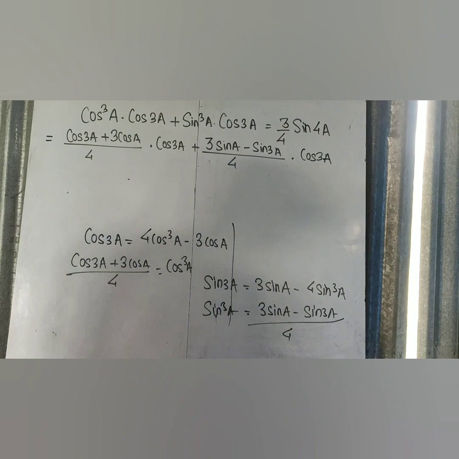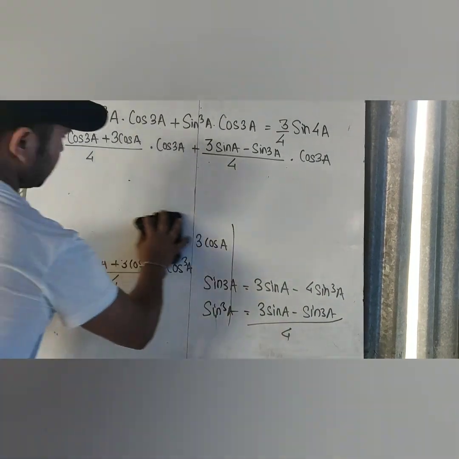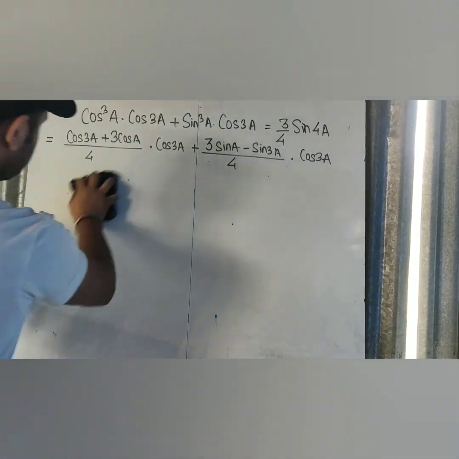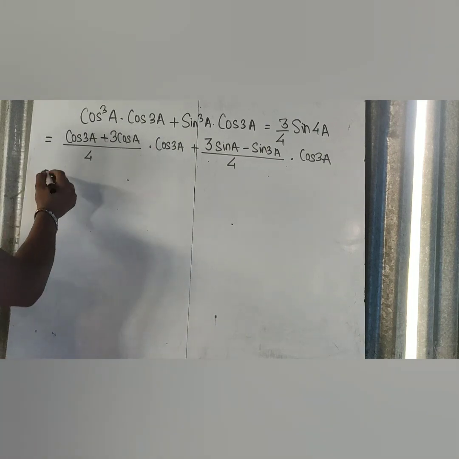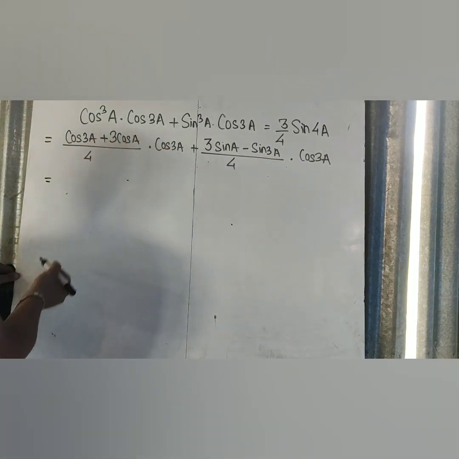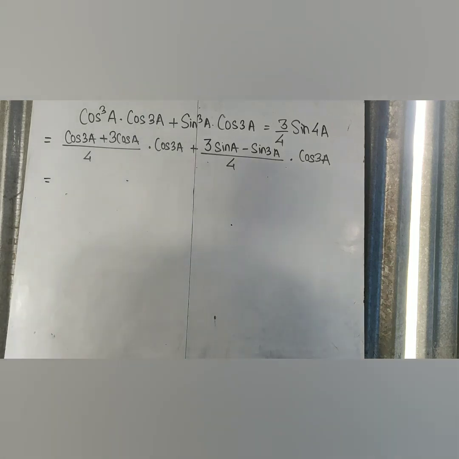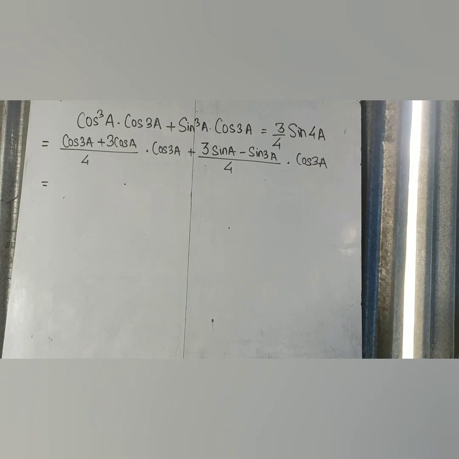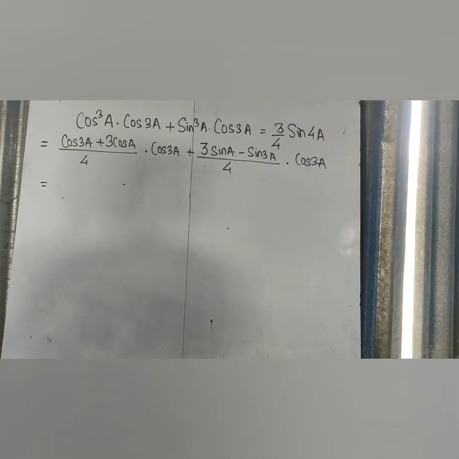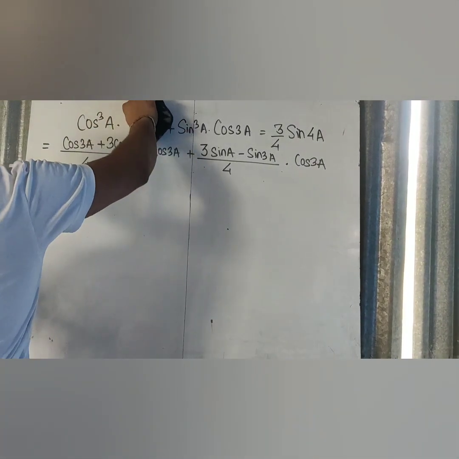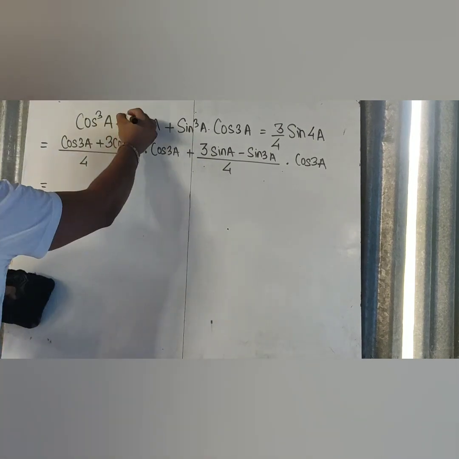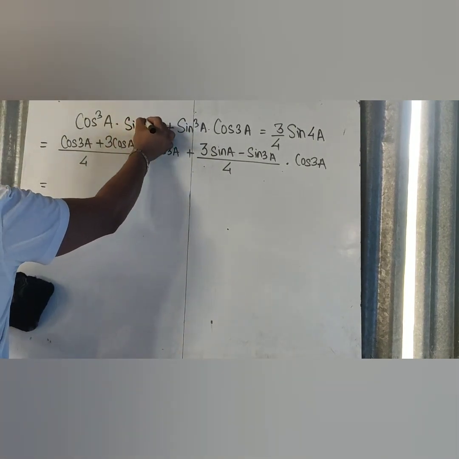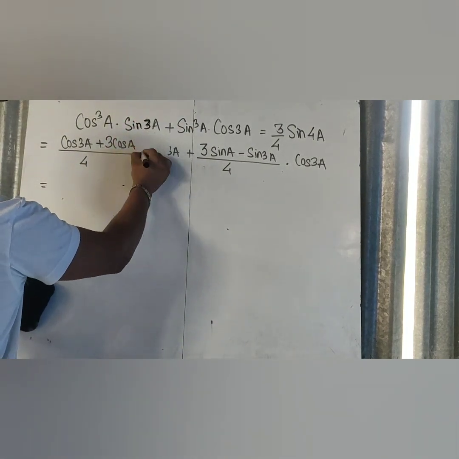Now we multiply the numerator with the numerator and denominator with the denominator. So when you multiply, what you get here is cos 3a into cos 3a. I'm sorry, there is a small error in the question. This should be sin 3a. Okay, now this will also be sin 3a.